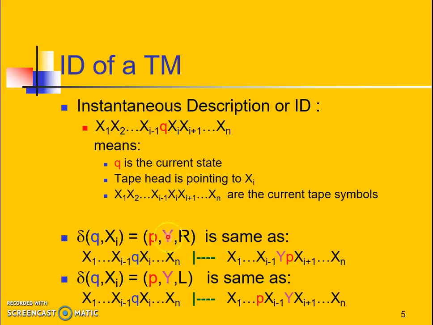In the first ID, xi is replaced with Y and the tape head is moved right. In the second definition, xi is replaced with Y and the tape head is moved to the left.